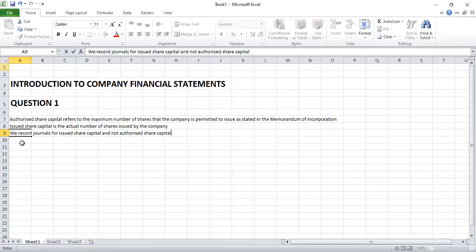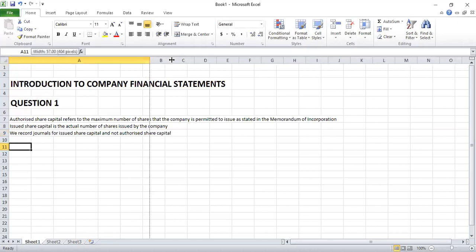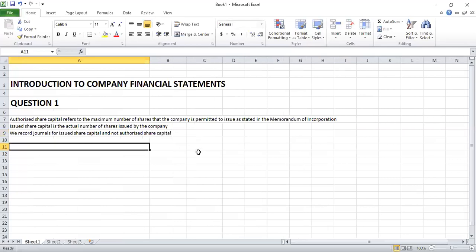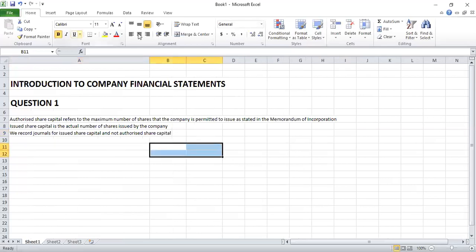Right. Now when you are doing journal entries, it's your normal journal from your 1502. That means we're going to have debits and credits.